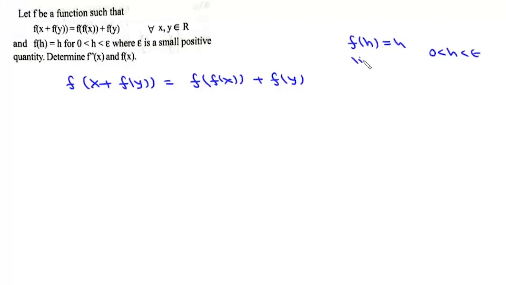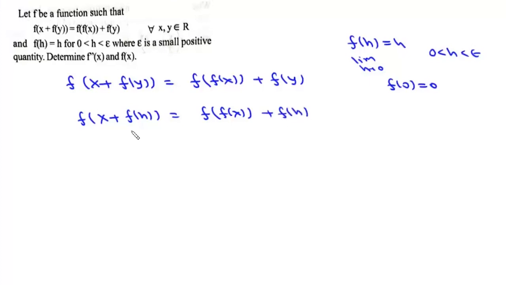Now we take this limit h tends to 0, then clearly f(0) is 0. Now if we put y as h, we can write f(x) plus f(h) will be equal to f(f(x) plus f(h)). Now f(h) is simply h, so we can write f(x) plus h is equal to f(f(x) plus h).